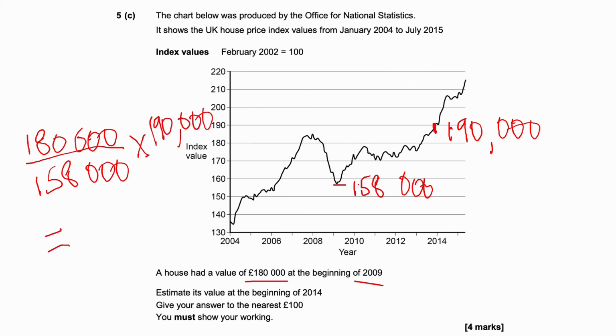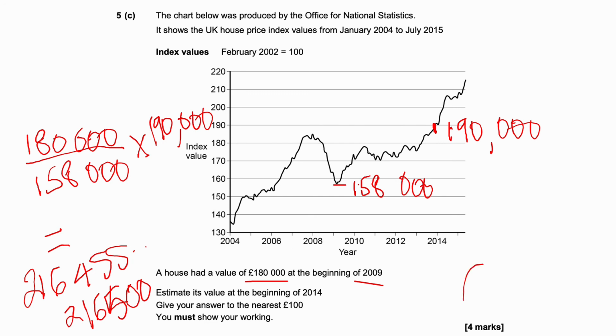Stick it all in your calculator. 180,000 divided by 158,000, and then multiply it by 190,000, and I've got an answer of 216,455. They're asking for it to the nearest hundred, so I would say 216,500.